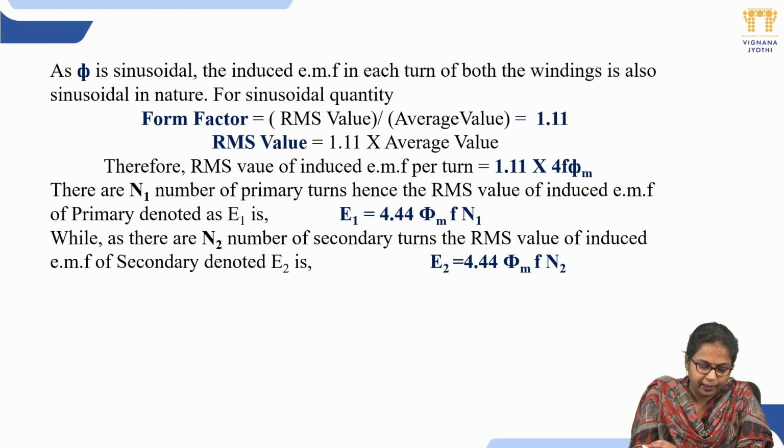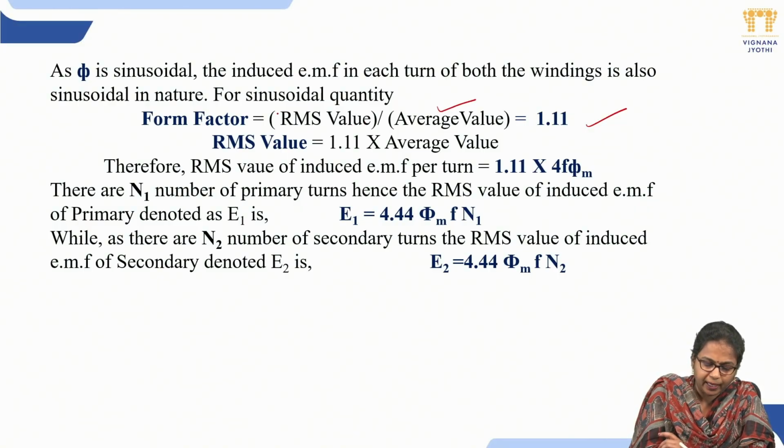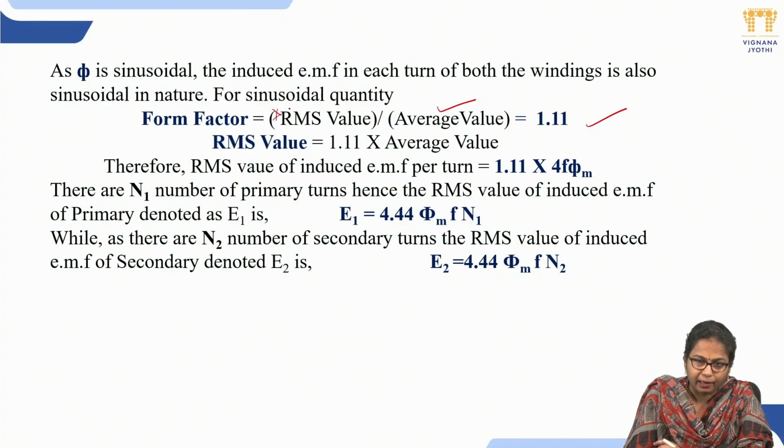The form factor is the RMS value divided by the average value. The average value is already known, and the required part is only the RMS value. So RMS value is equal to 1.11 times the average value.